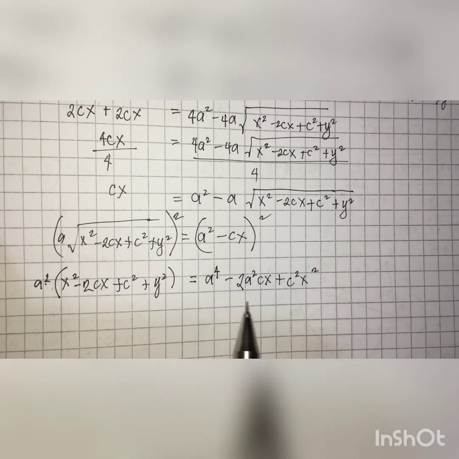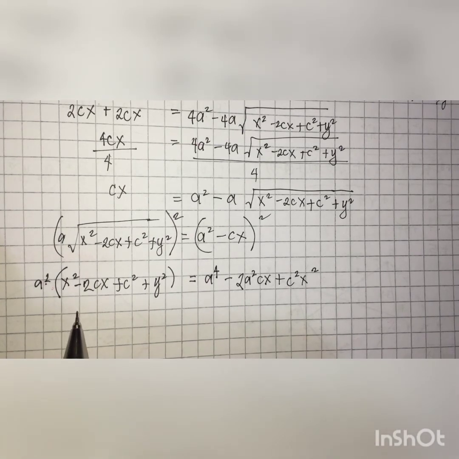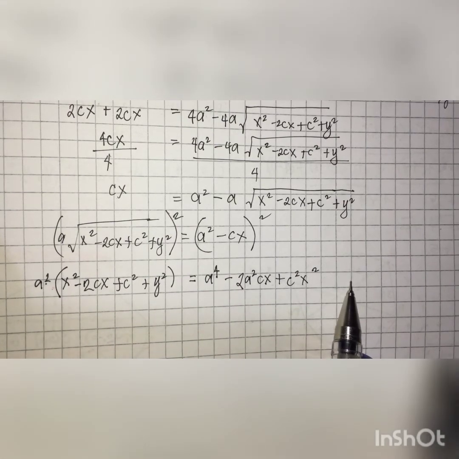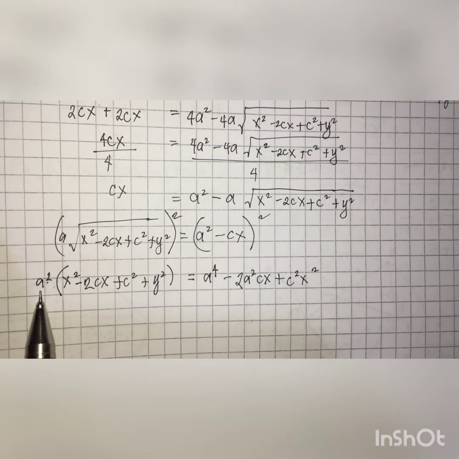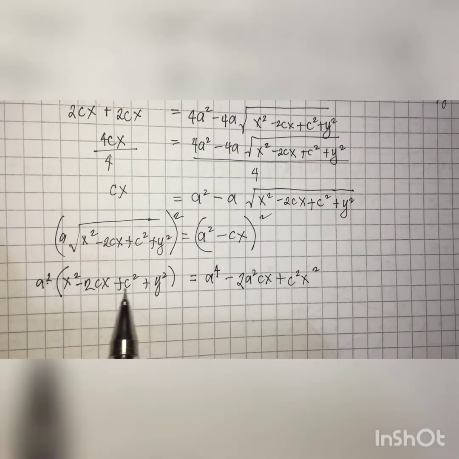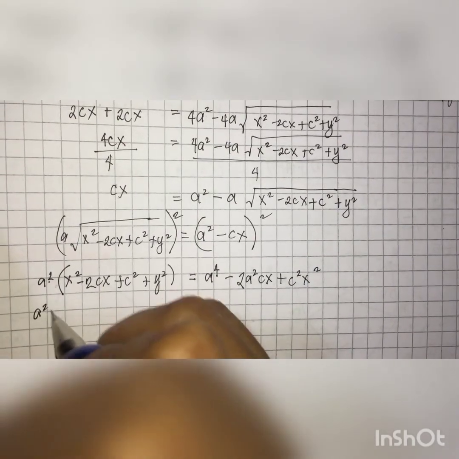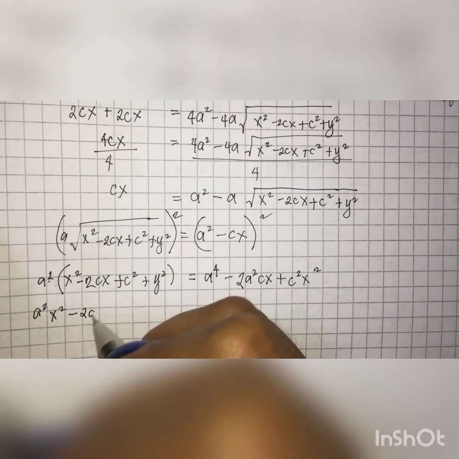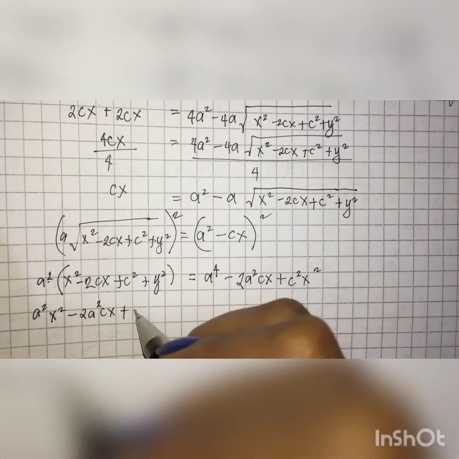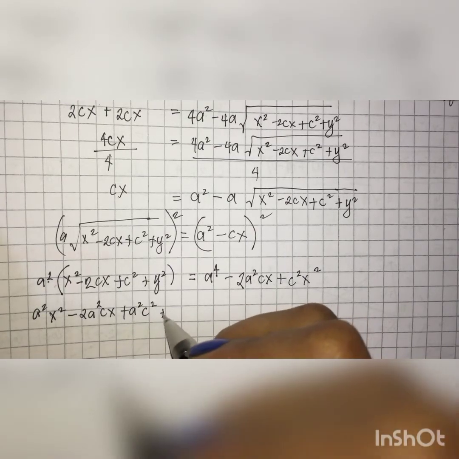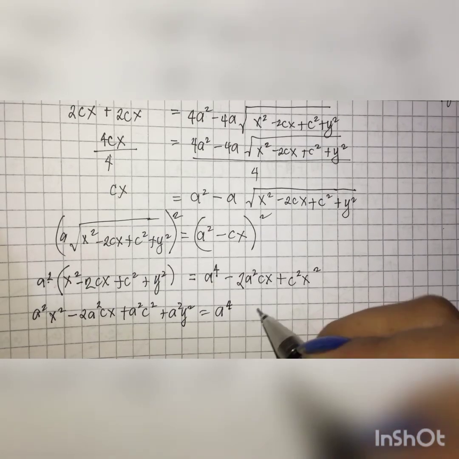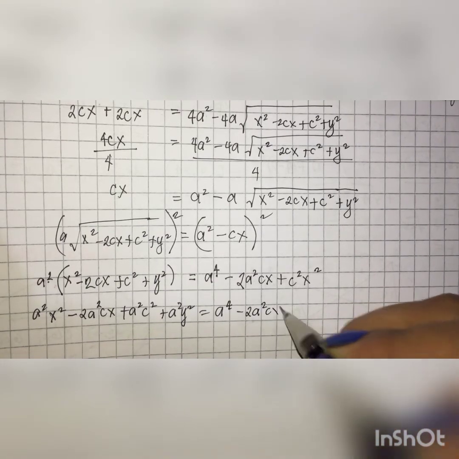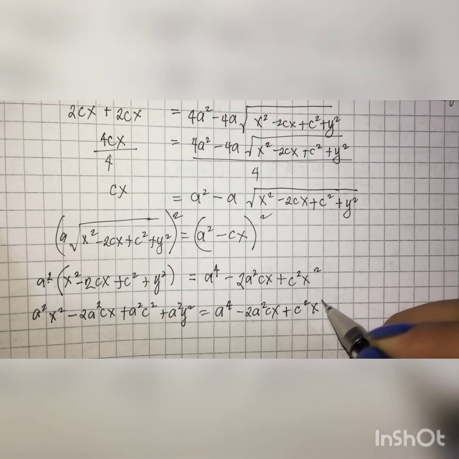Okay, so let us look for a common factor of this equation. But before that, let us first distribute a squared. So a squared x squared minus 2a squared cx plus a squared c squared plus a squared y squared, which is equal to a raised to the power of 4 minus 2a squared cx plus c squared x squared.